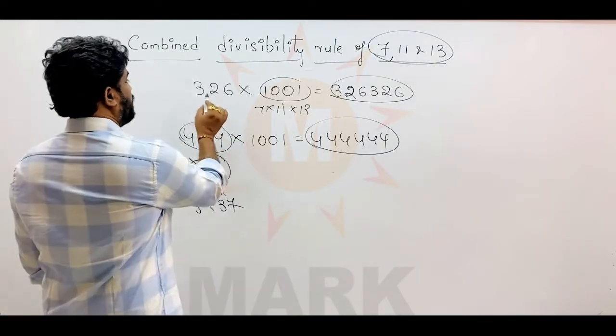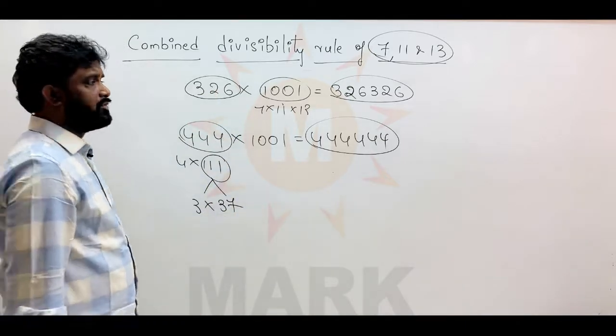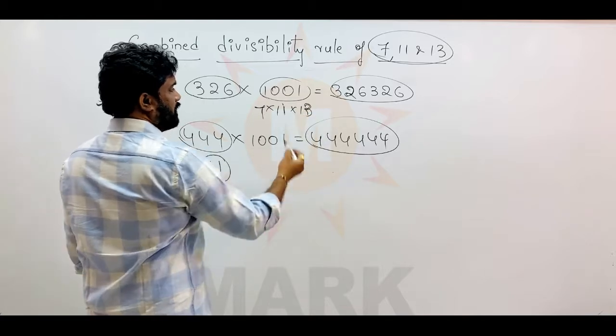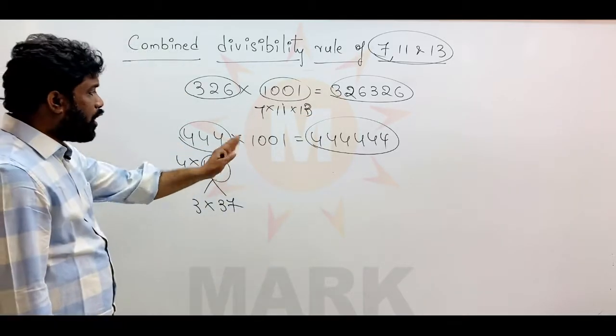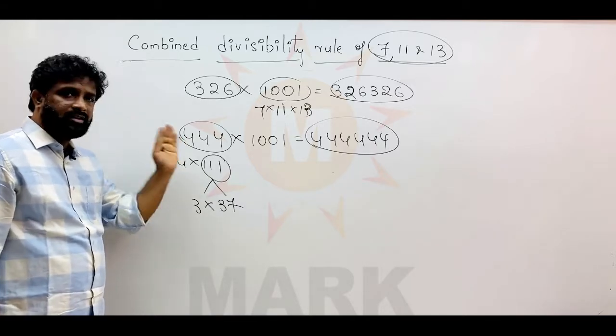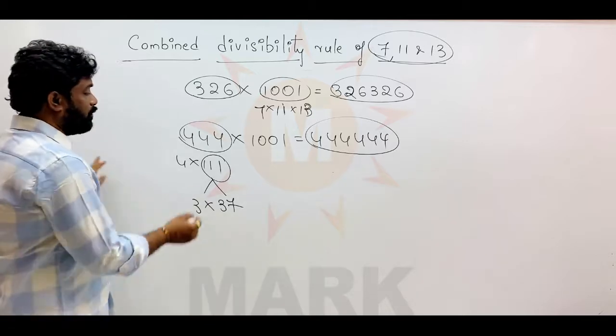So whenever you take any random 3-digit number repeated like this, it must be divisible by 7, 11 and 13. There is no complaint there. Along with that, if that 3-digit number has all the same digits, it will also be divisible by 111.